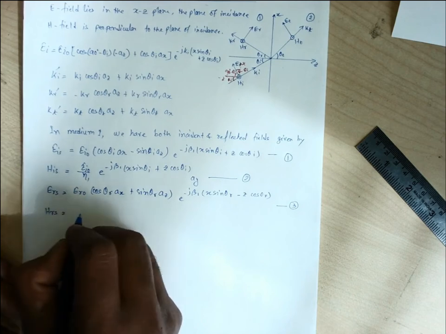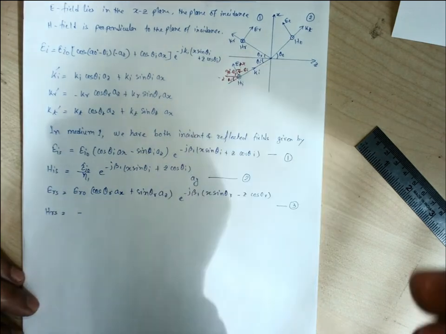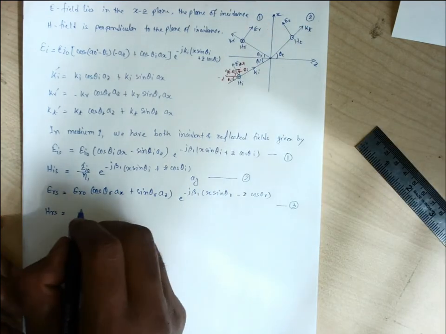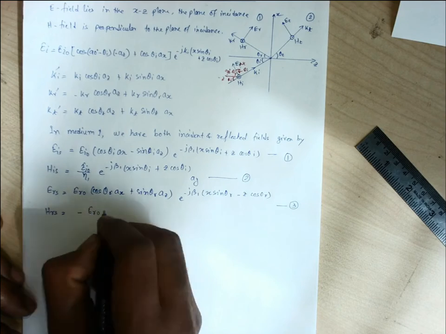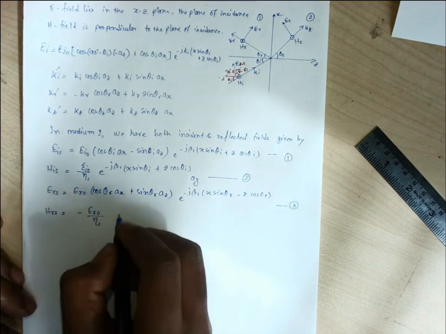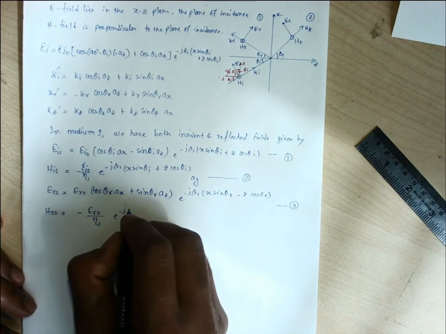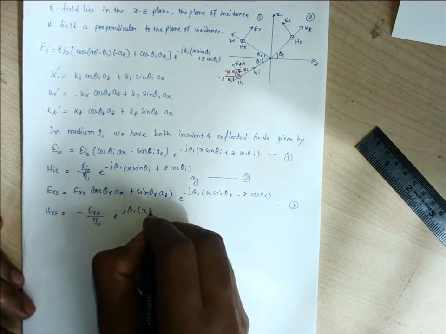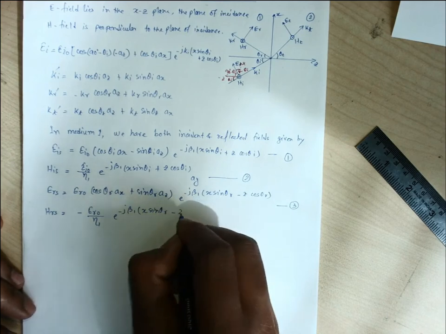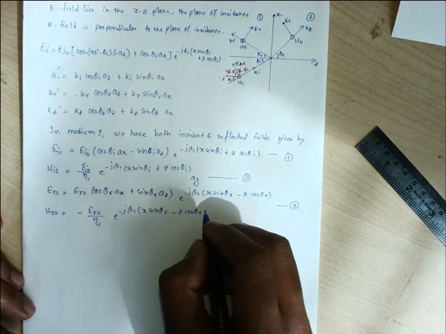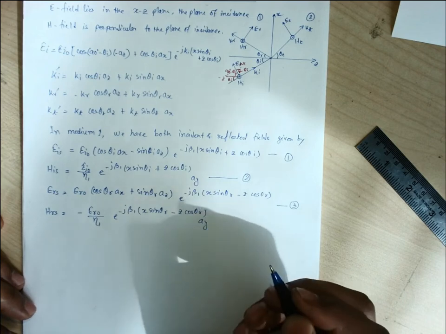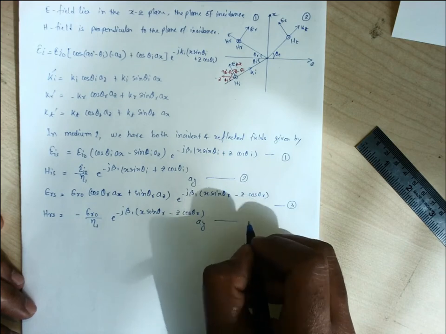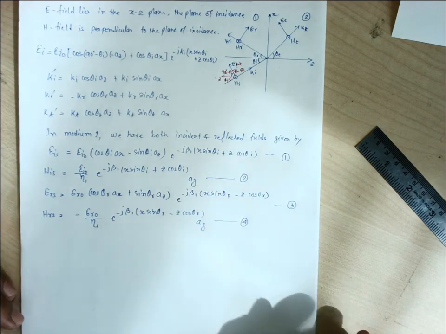Reflected magnetic field: the reflected is in the opposite direction of the incident, so we have to write minus Er0 by eta 1, e to the power minus j beta 1 (x sin theta r minus z cos theta r) ay. Equation number 4.